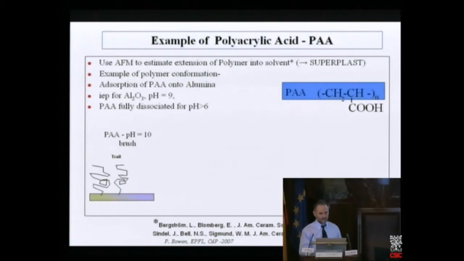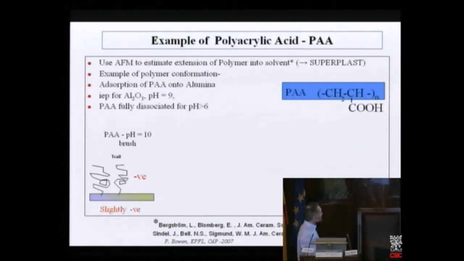So if we're at pH 10, the polyacrylic acid is totally dissociated. We have a negative polymer, so it doesn't like itself too much. It's quite extended. There's charge all the way along the backbone, so it tends to have an extended conformation. The surface is only slightly negative, but there are still sites where it adsorbs. It adsorbs strongly. It's very difficult to desorb. It's more or less irreversible.